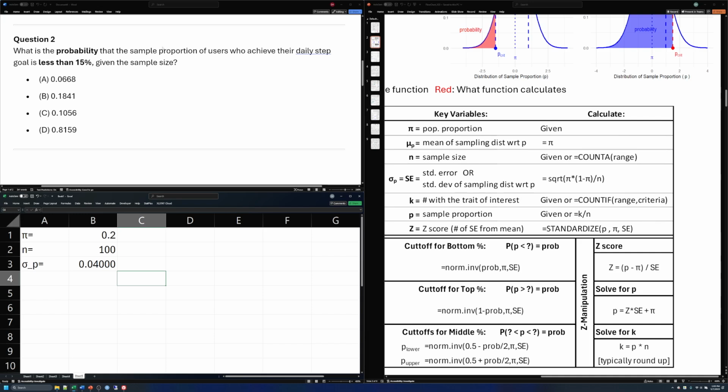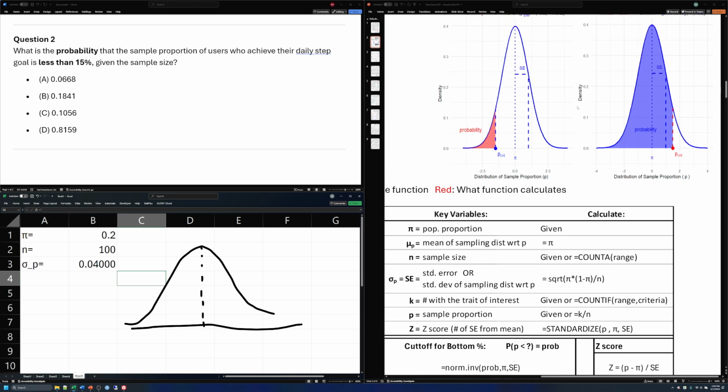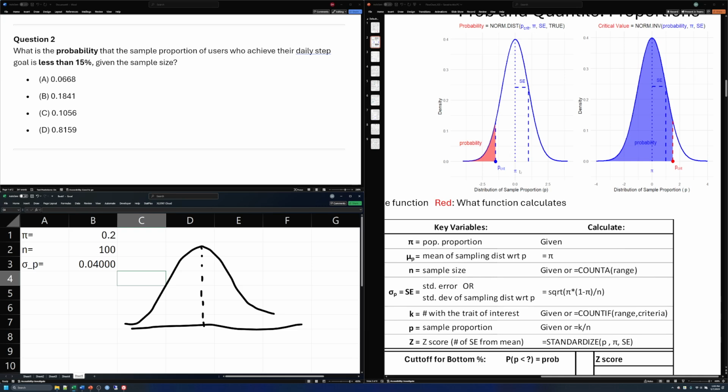What is the probability that the sample proportion of users who achieve their daily step goal is less than 15%, given the sample size? Okay, let's draw a quick little picture. We've got our normal distribution centered on our population parameter, pi.